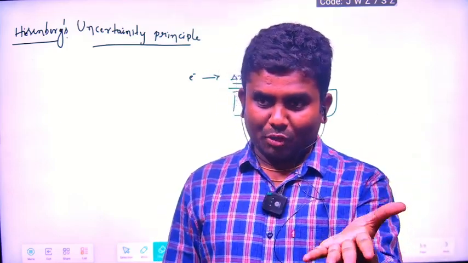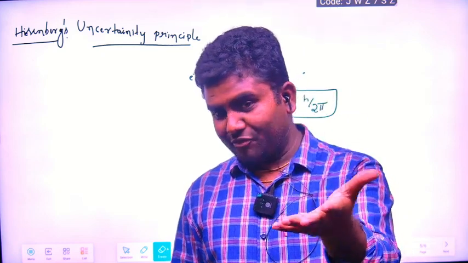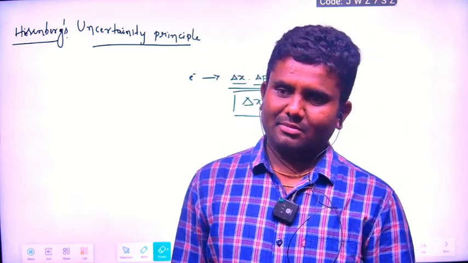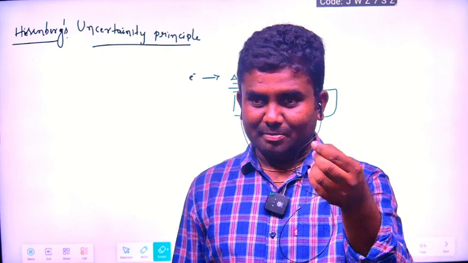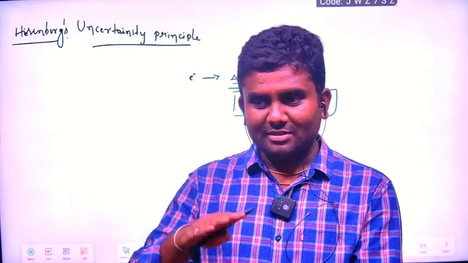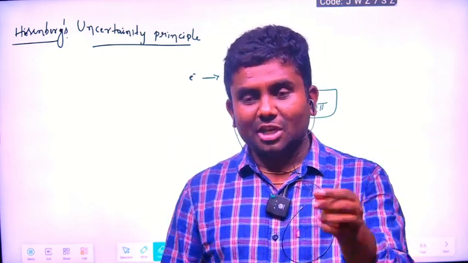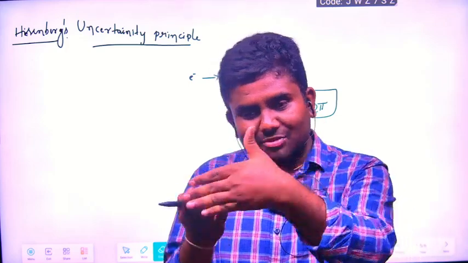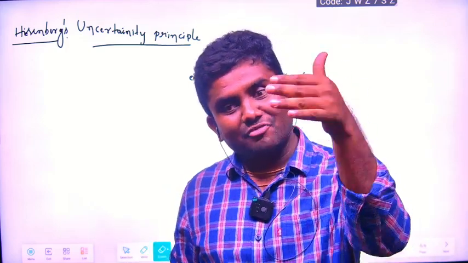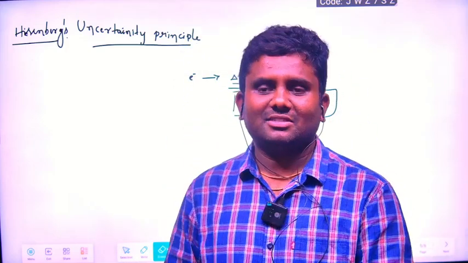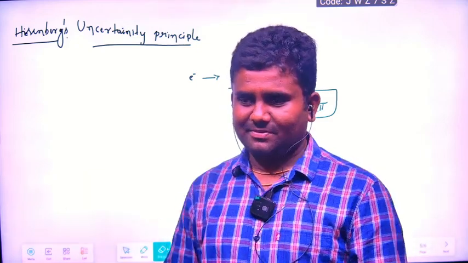But it is not obeying polarization, diffraction, interference. If you take light as a particle, it will not obey interference and diffraction, because particles will not interfere. Only light as a wave will give you interference. So that's what dual nature is.